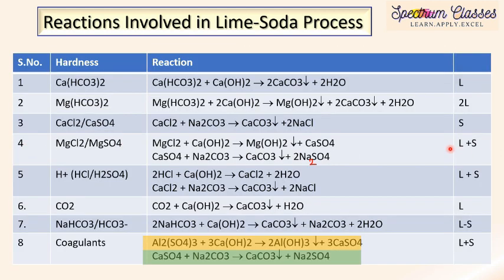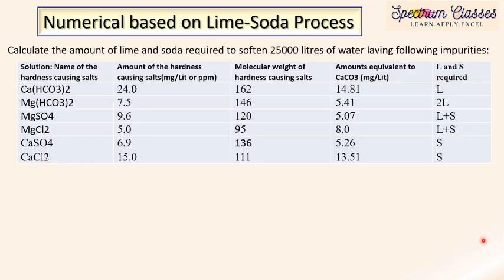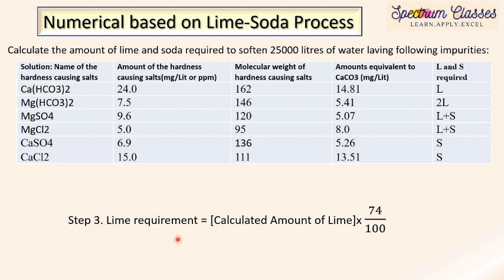Either you can check from these reactions or simply understand here that for calcium bicarbonate we require lime, for magnesium bicarbonate we require 2 times lime, for magnesium sulfate we require lime plus soda, for magnesium chloride we require lime plus soda, and for calcium sulfate and calcium chloride we require soda.